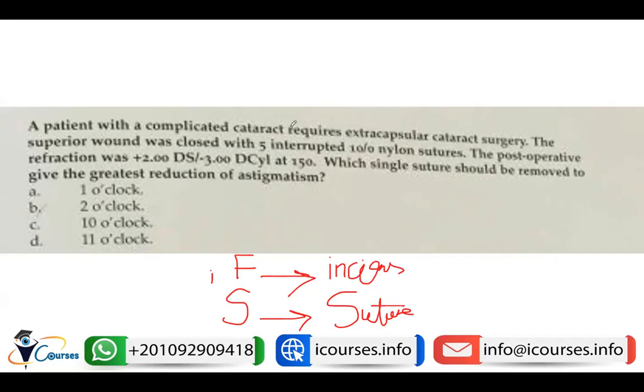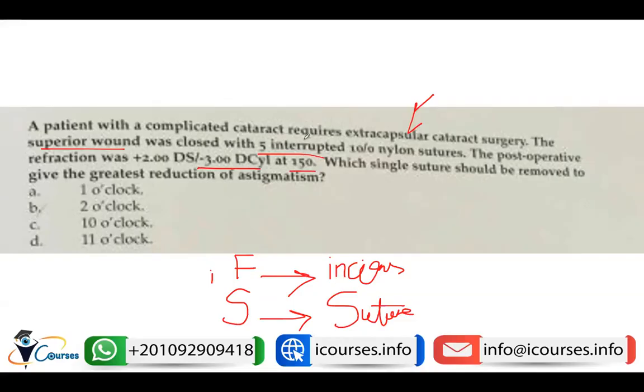So here we have a patient who had complicated cataract surgery, an extracapsular cataract extraction. Then we made a superior wound. This superior wound is closed by 5 interrupted sutures. This will result in a cylindrical power after the surgery, a post-operative cylinder of -3 at axis 150.